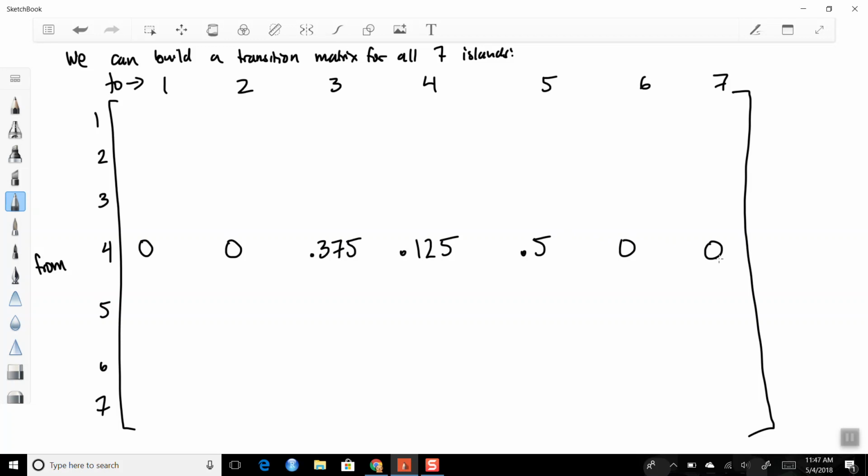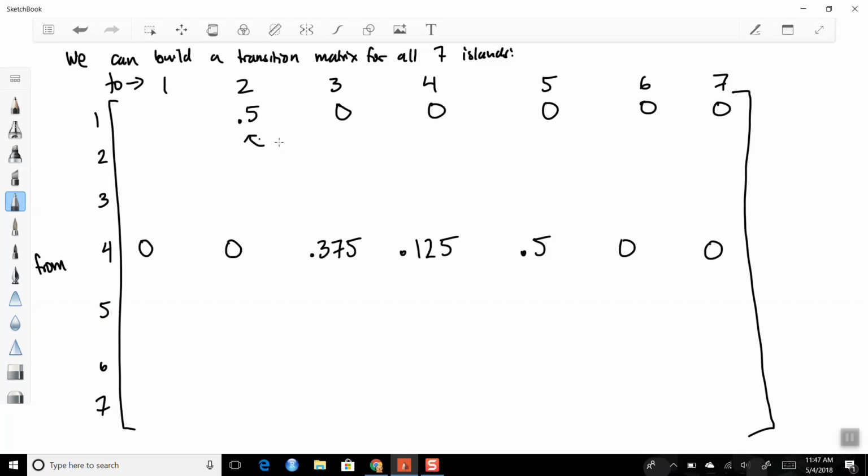All right, let's say we start off at island 1. Because we're only proposing islands that are adjacent to us, there's no possibility of ending up at islands 3, 4, 5, 6, or 7. If we're at island 1, I could flip heads, and I would go to island 2 with probability 0.5.